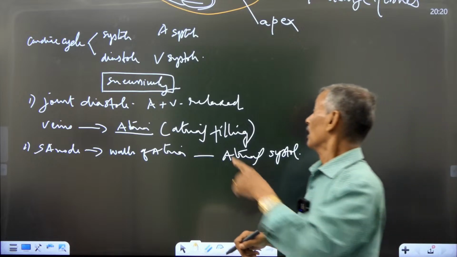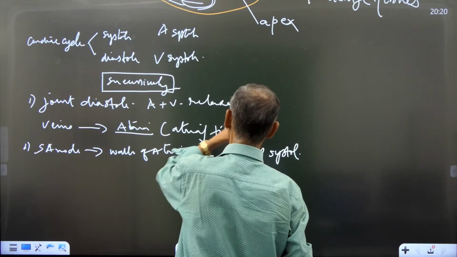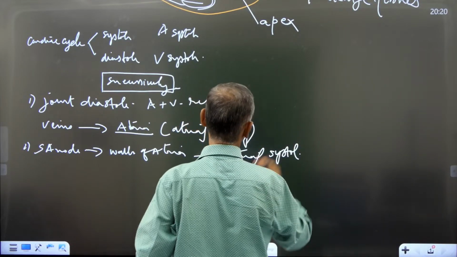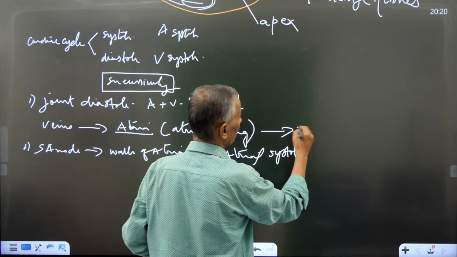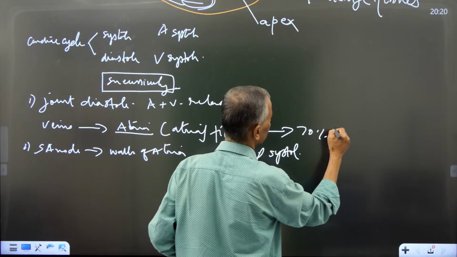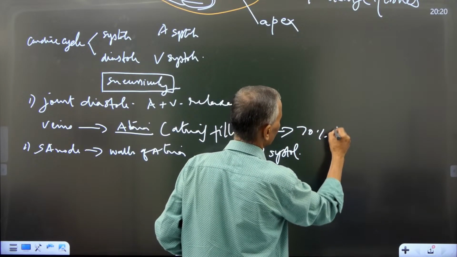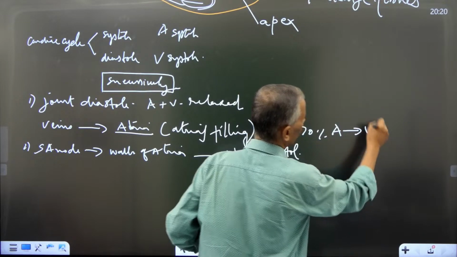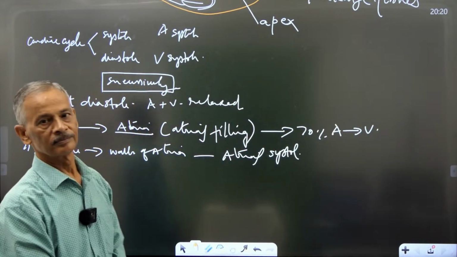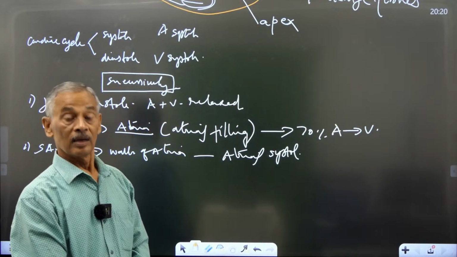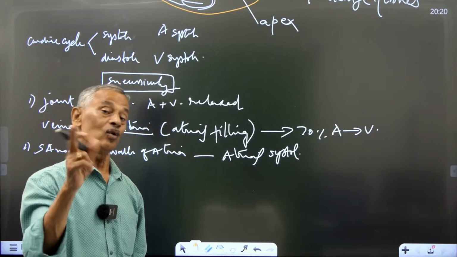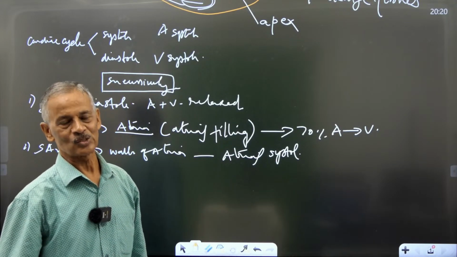Remember, when the atria are already filled with blood, 70% of the blood is entering from atria to ventricle. Why it is occurring, I will tell you at the end, then only it will be understood.